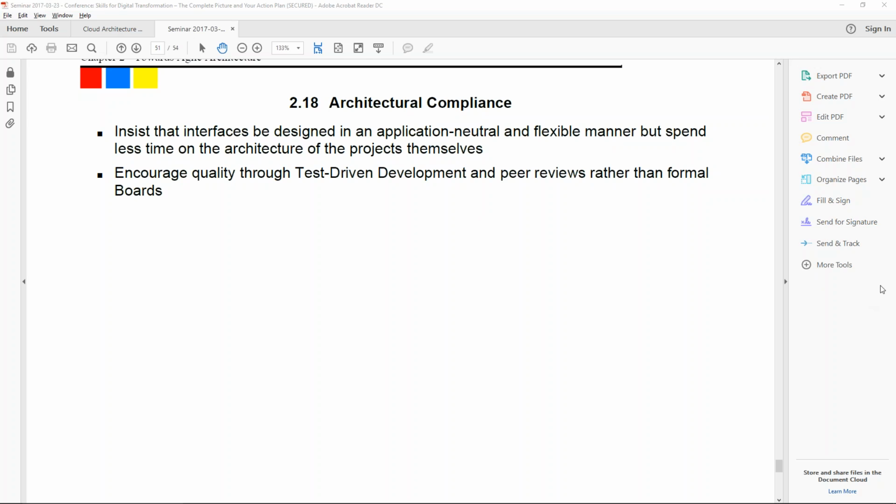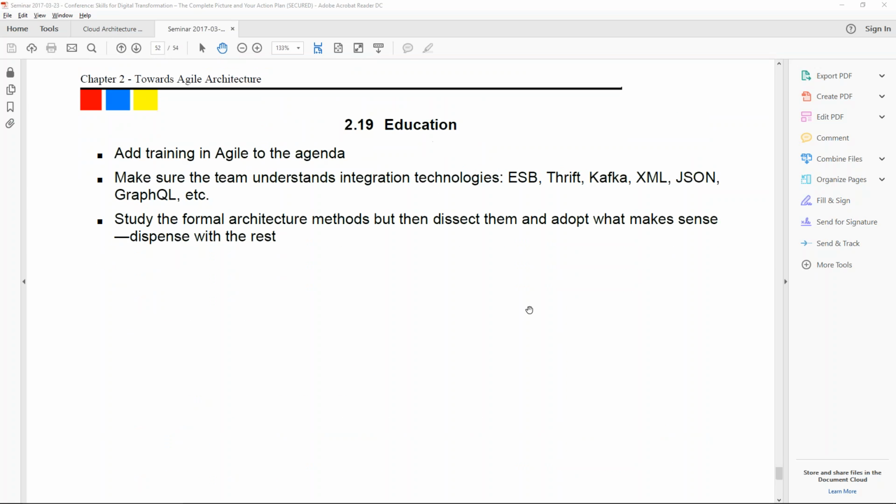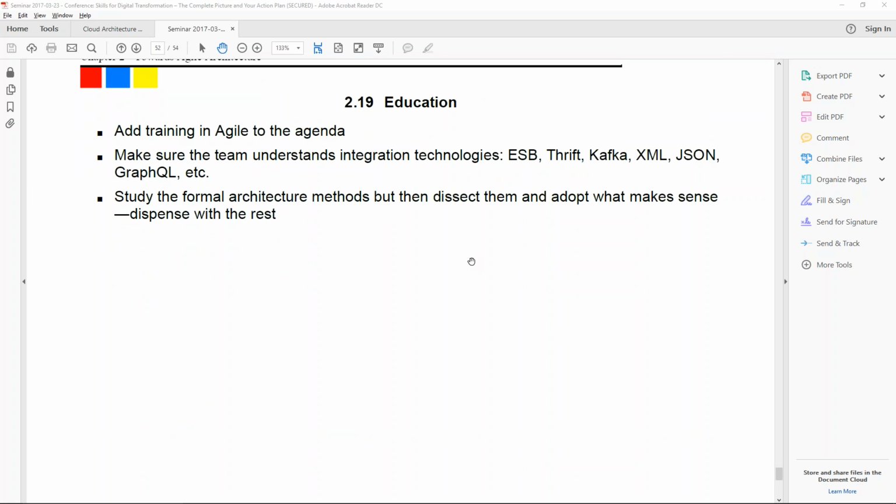Probably the single biggest question in software is, how do you set up interfaces? If you set up your interfaces well, life is good. If you don't, life is not good. Architecture and Agile should focus on making sure we have a good approach to interfaces.